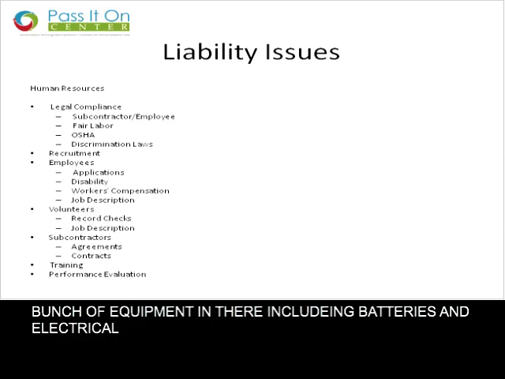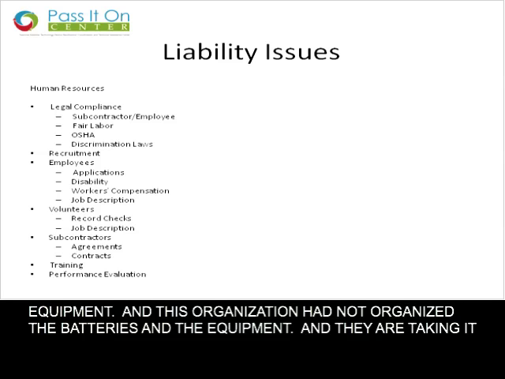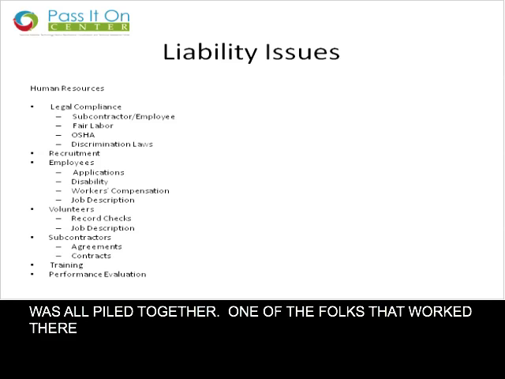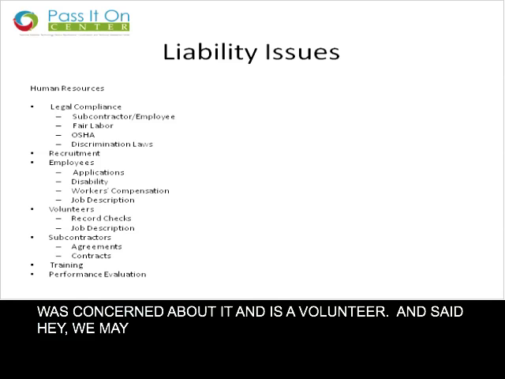The OSHA issues, what happened was there was a warehouse and it had a bunch of equipment in there, including batteries and electrical equipment, and this organization had not organized the batteries and the equipment. They literally were taking it in. They had gotten some huge donations, and so it was all piled together.